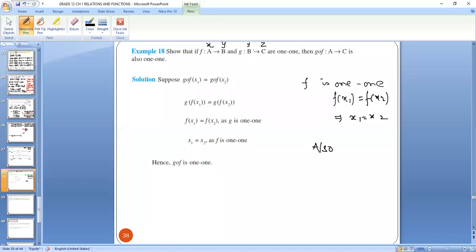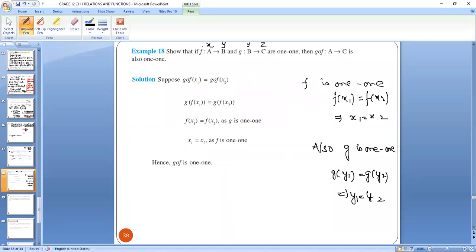Also, it is given that G is also 1-1. So G of Y1 is equal to G of Y2 implies Y1 is equal to Y2, right?